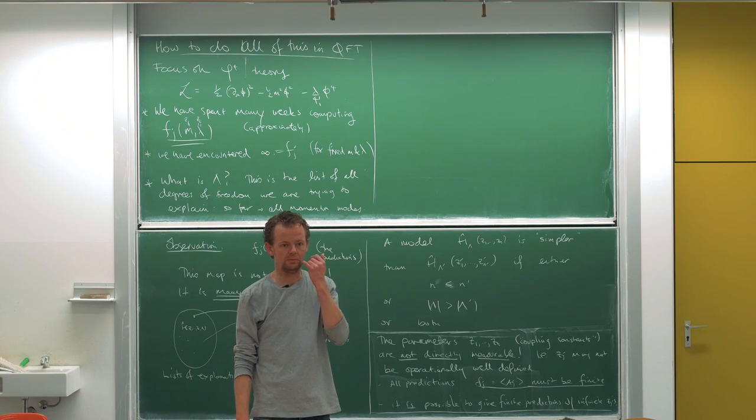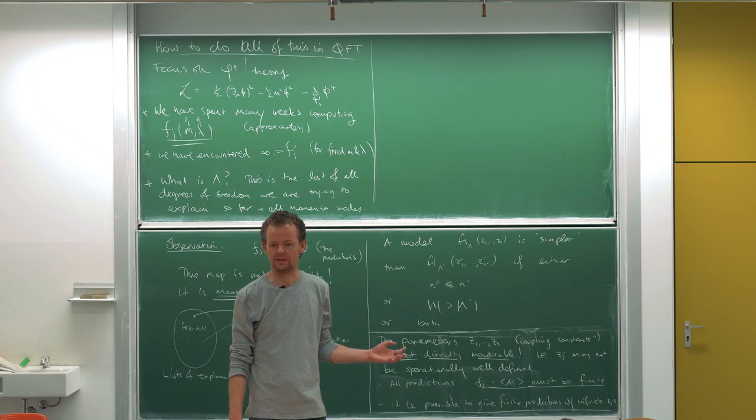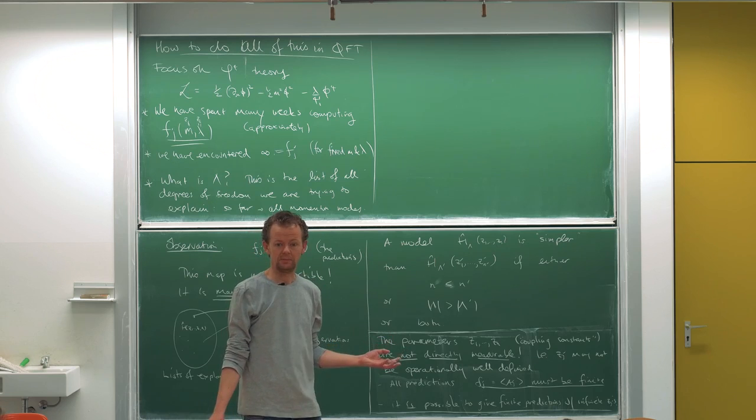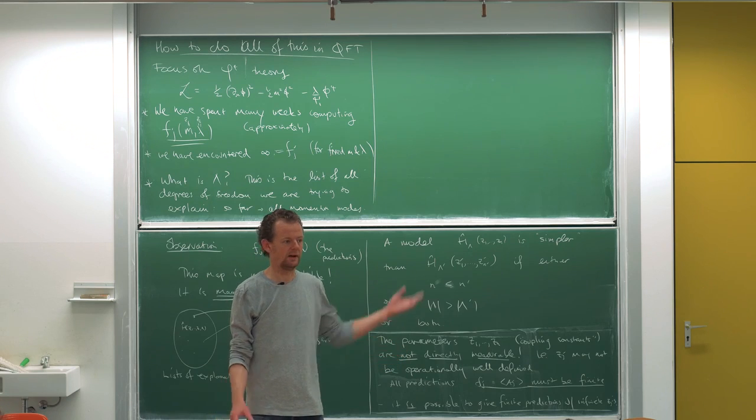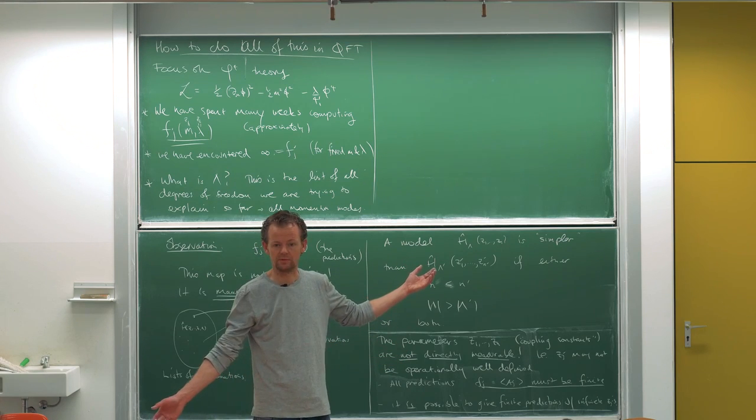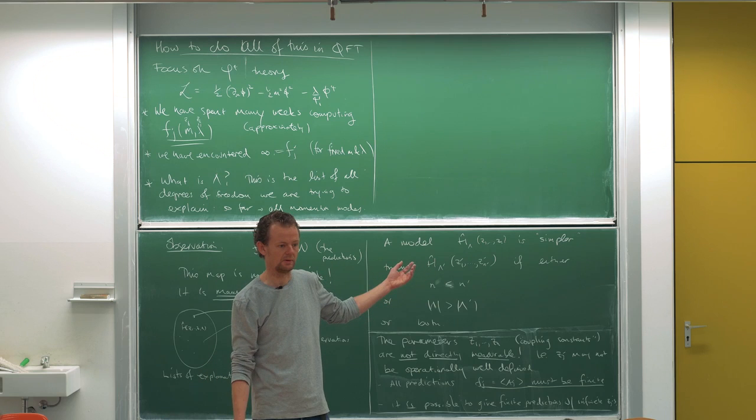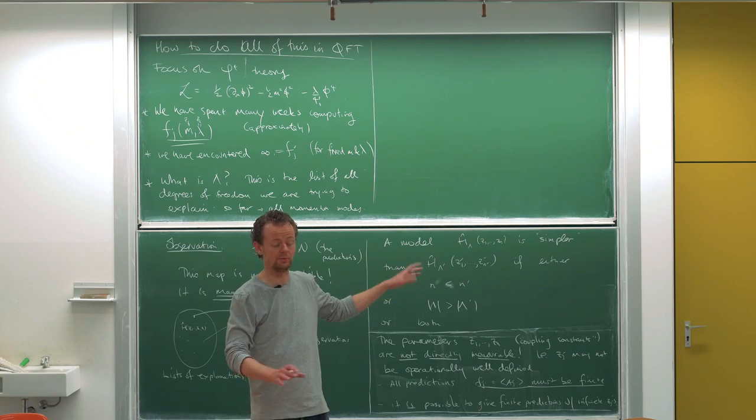Was it ever fixed? Well, implicitly we did. We said, given a lambda, here's what we would predict for the scattering amplitude. And we found that that functionally depended on lambda as infinity. So no matter what value of lambda we chose, that scattering amplitude was infinity, unless lambda was 0.